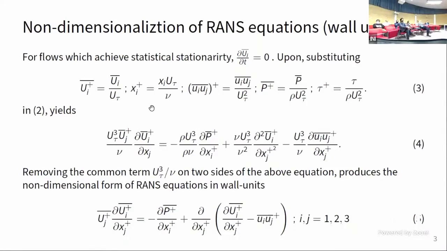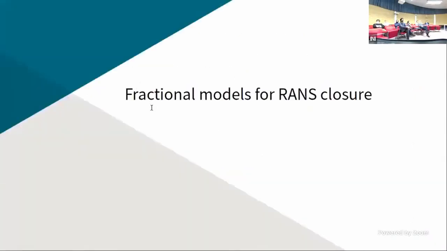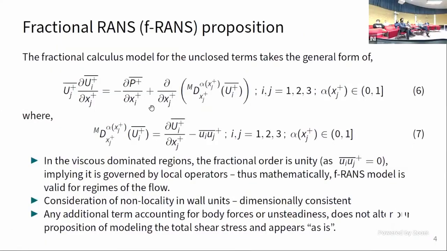So you want to maintain the dimensionality of it. Non-dimensionalizing is the proper way of going through, and then the whole exercise is how do you match the numbers by your construction? So the high level idea is that you take the total shear stress, and that is the point where you introduce the fractional derivative.